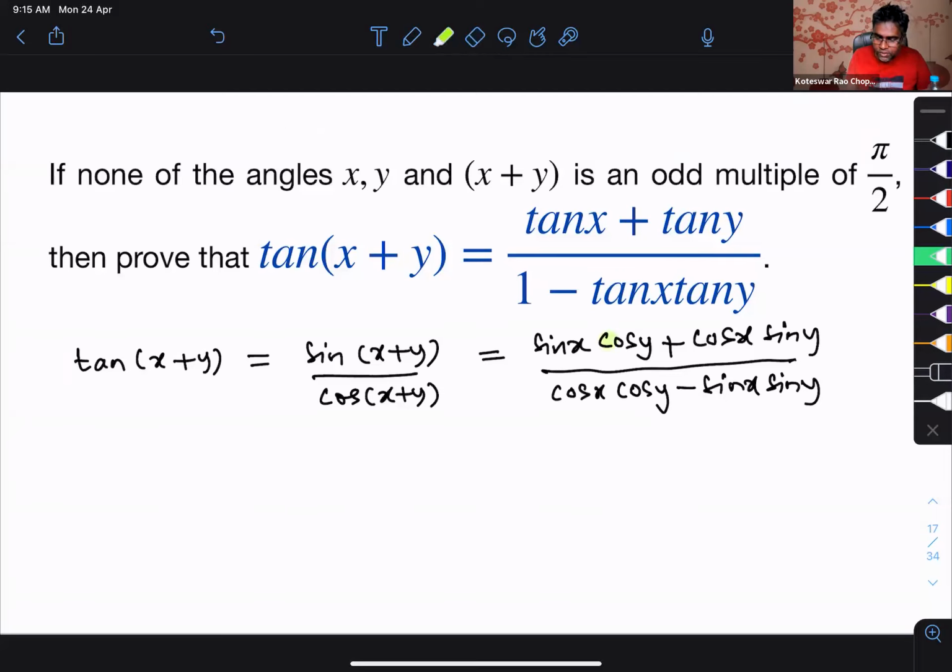But again, you have only cot on the right hand side. So again, you use the reciprocal idea. So tan x can be written as 1 by cot x, and tan y is 1 by cot y, then divided by 1 by cot x plus 1 by cot y.